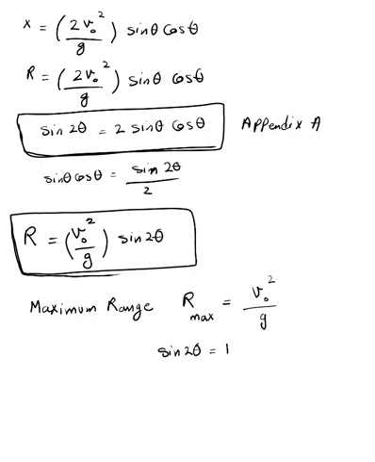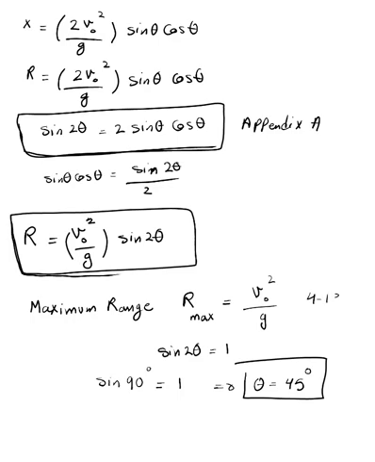So when sine 2 theta is equal to 1, then you have the maximum range. We know that sine 90 is equal to 1, so this means that theta is 45 degrees. So at a 45 degree launching angle, we have the maximum range, which is v squared divided by g. This is equation 4.13 in your book.